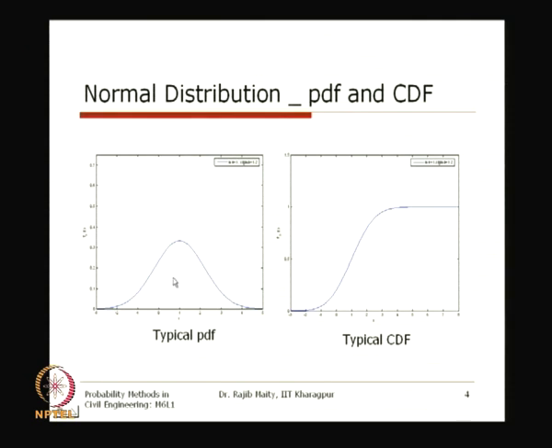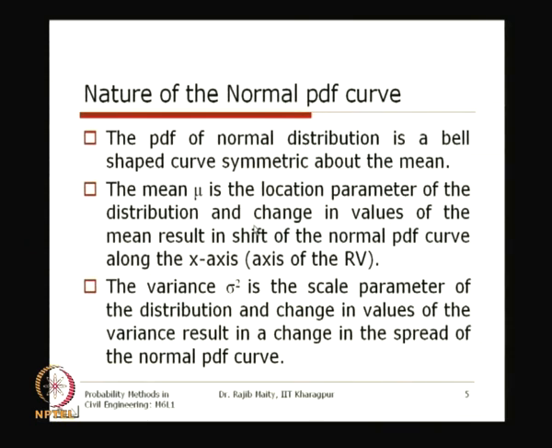That is why mu is known as the location parameter, whereas the variance, sigma square, is the scale parameter. Why is it the scale parameter? Because it controls the shape of the distribution.